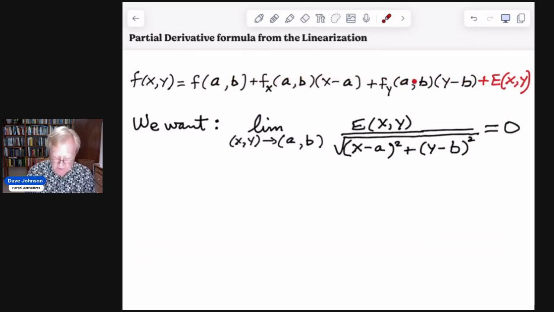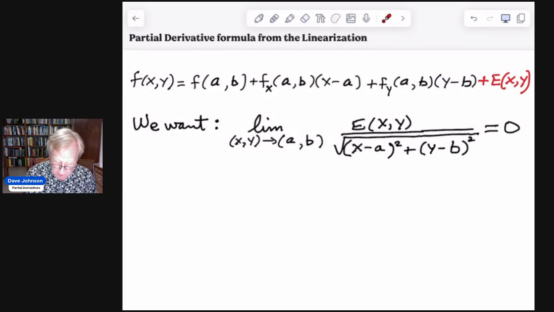And in fact, for functions of two variables, we know that that's a plane that's tangent to the surface of the function. And so what we want is that the error goes to zero a lot faster than the distance to the point a comma b.